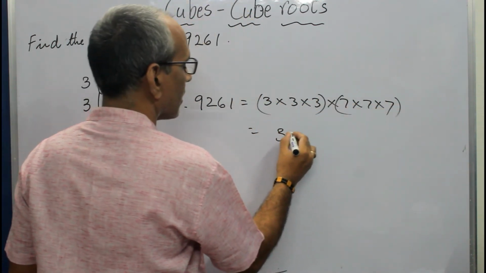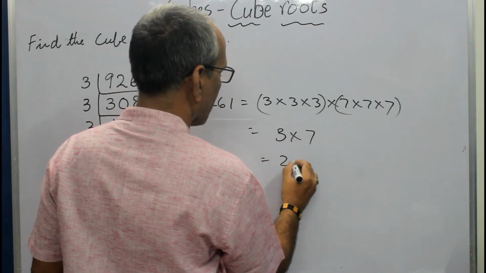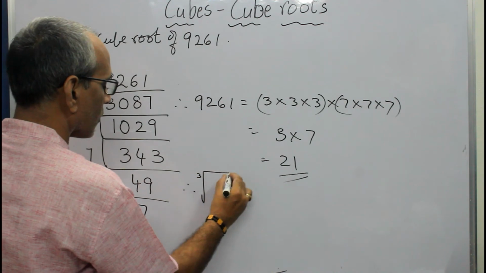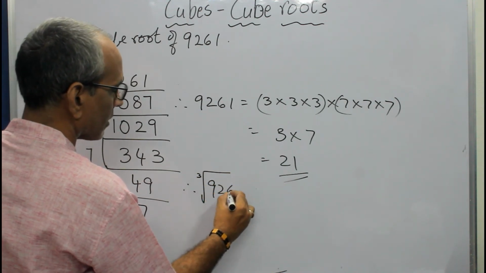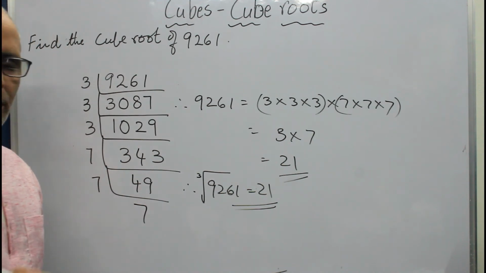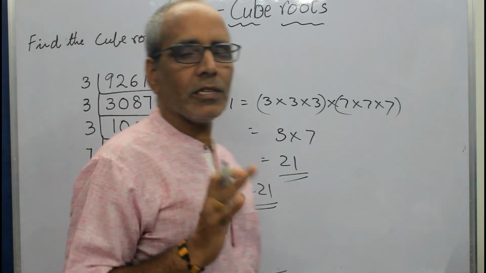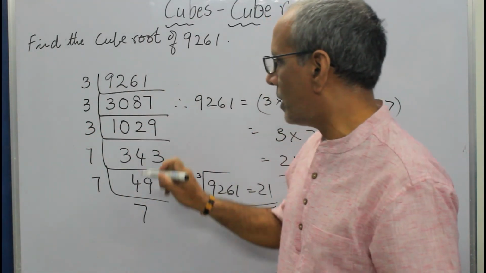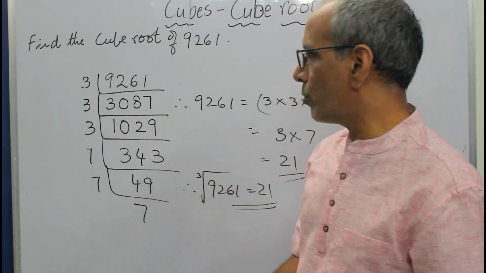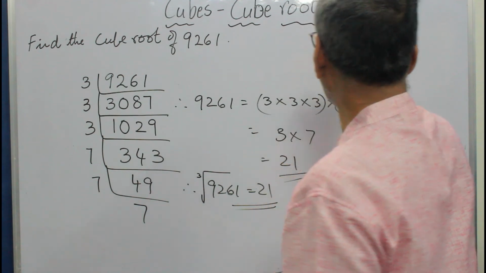That is 3 into 7, 21. Therefore, the cube root of 9261 is 21. The important thing you have to observe in this question is that usually we miss this 0. Usually students divide in such a way, I show here.